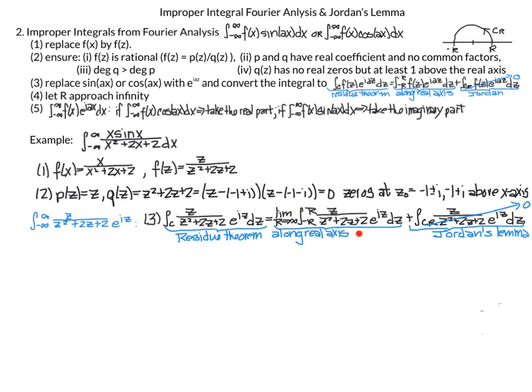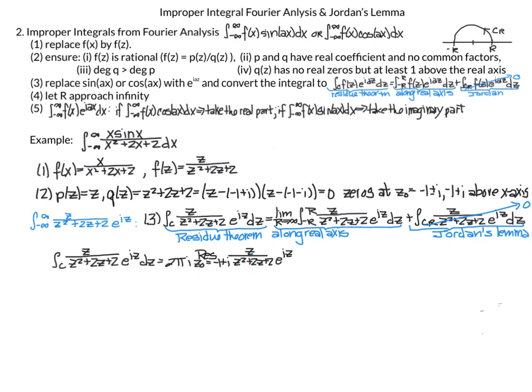So if I want to know what this integral is equal to, I can use the residue to calculate this side of the equation. I'm going to start just by writing that over here. So my integral of z over z squared plus 2z plus 2 times e to the iz is equal to 2πi times the residue of this function.